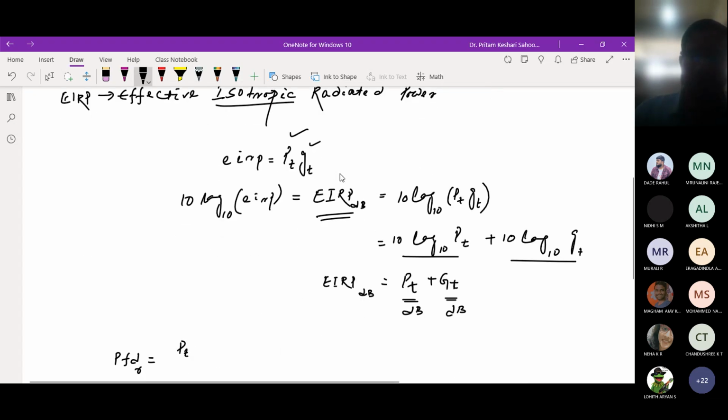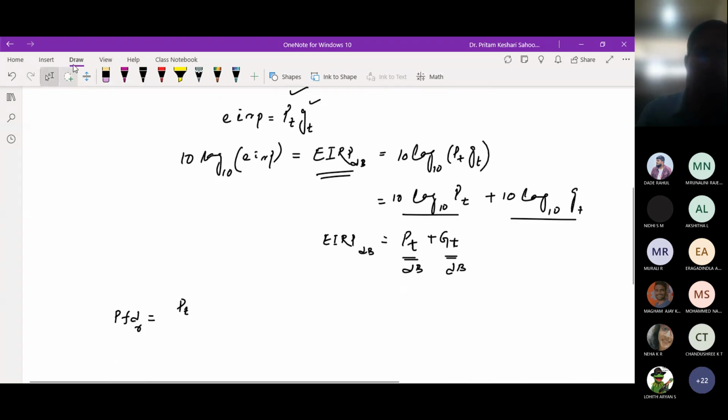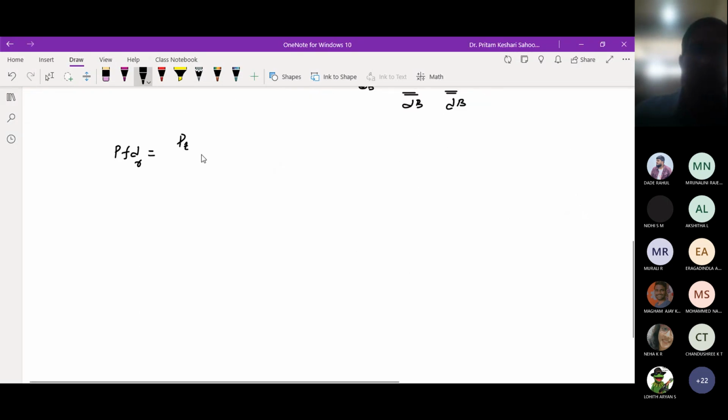But now the transmitted power is not only dependent on PT, it is also dependent on the antenna gain, that is GT. So correcting the power flux density expression, we can write it as PT GT divided by 4 pi r square.